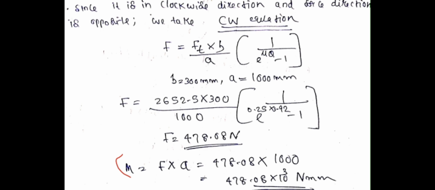Here they have mentioned clockwise. The basic convention is that if the force and the direction of rotation are in opposite directions, we take the clockwise equation. The force is downward and the rotation is clockwise, so these two are in opposite directions.